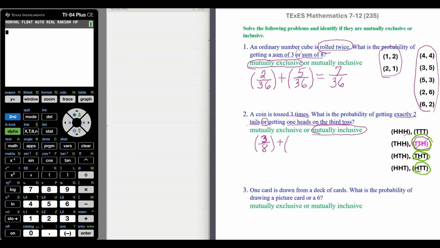Well, this one has one, but that is saying 1 out of 8. That's misleading. What you really need to consider is that any coin has a probability of getting heads on the third toss.